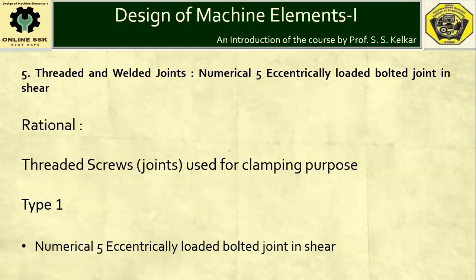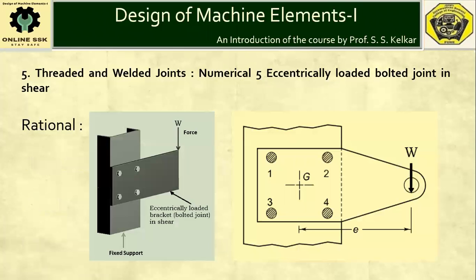Of these, in the first type, the bolted joint is subjected to eccentric load and the nature of the load is shearing. We are starting our discussion of type number 1 by solving one numerical.